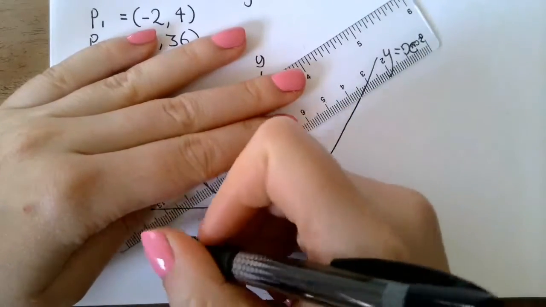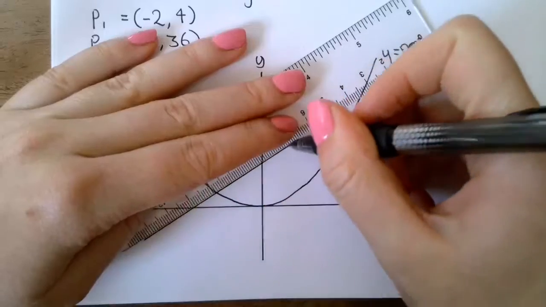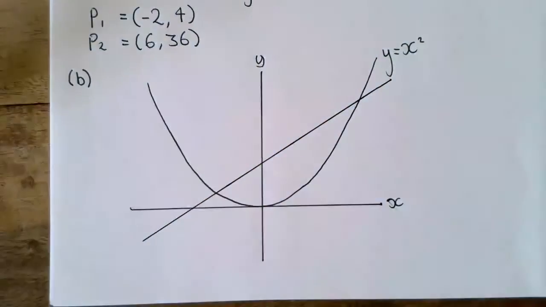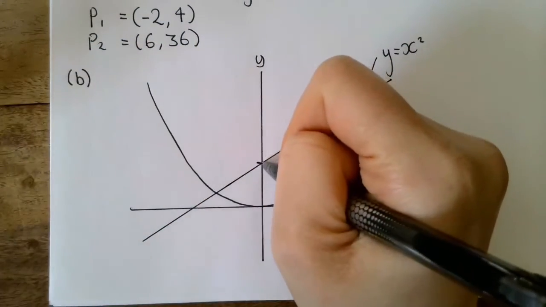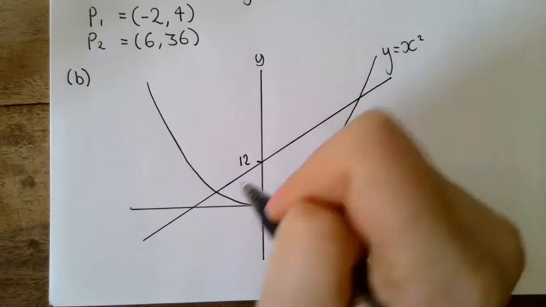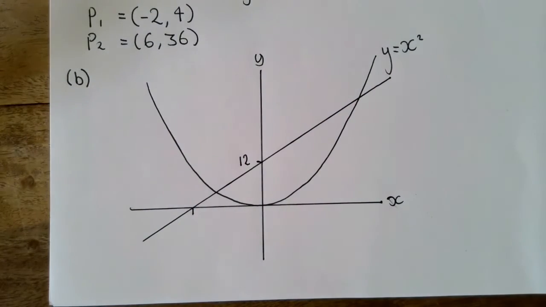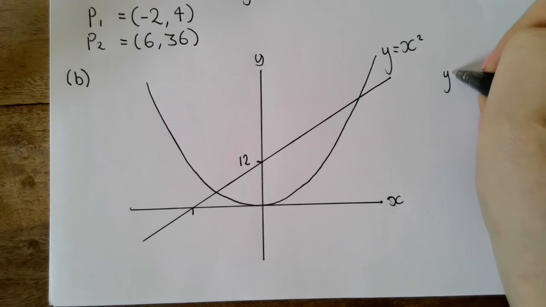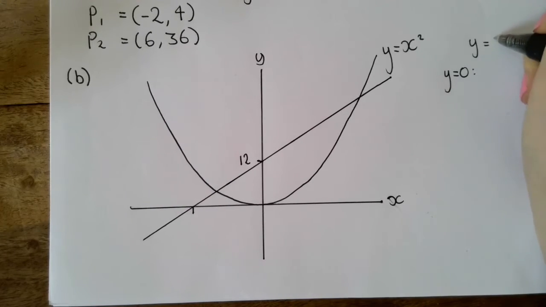So here we've got a linear graph with our y-intercept of 12. And to find out where it intersects the x-axis, we need to substitute in y equals 0 into the equation y equals 12 plus 4x.